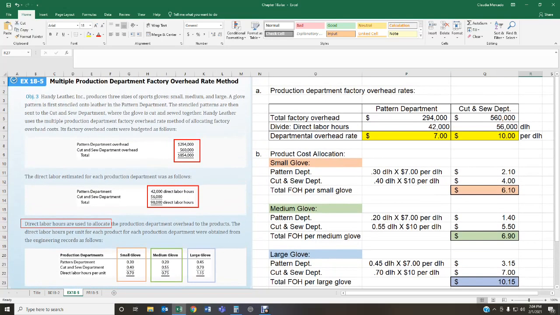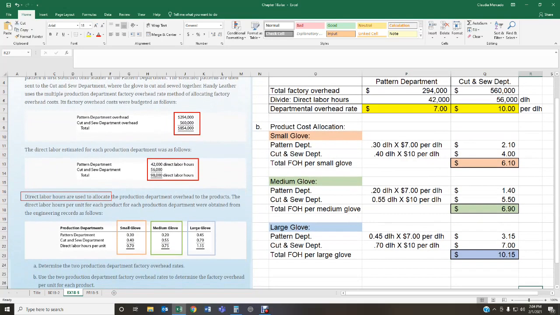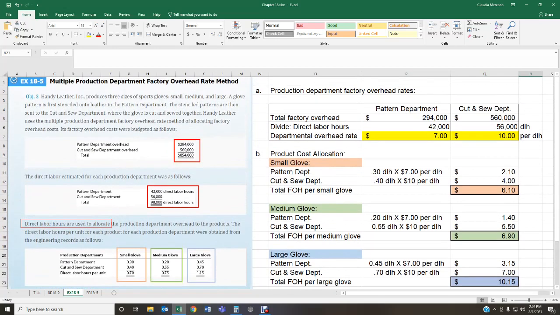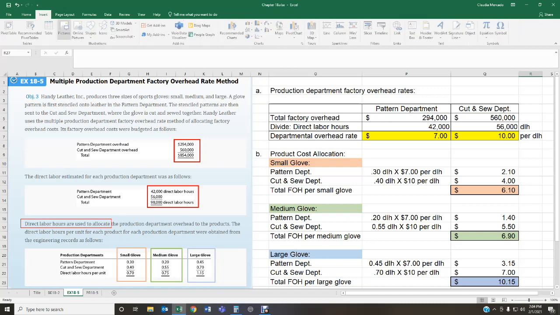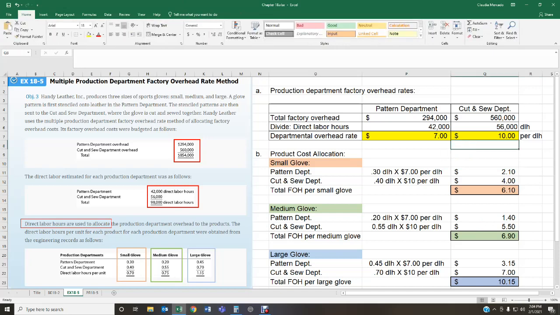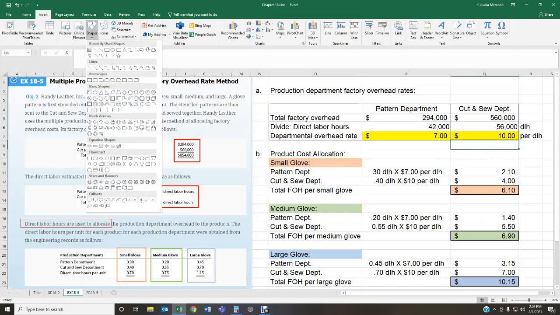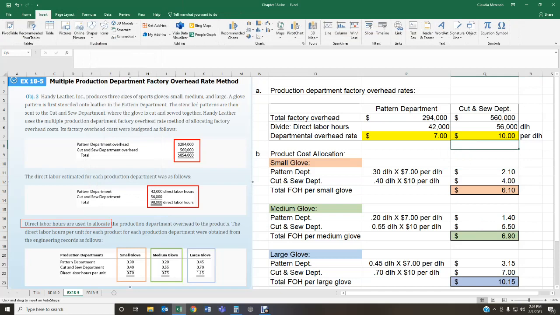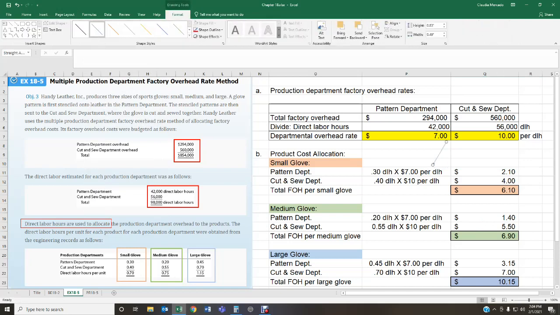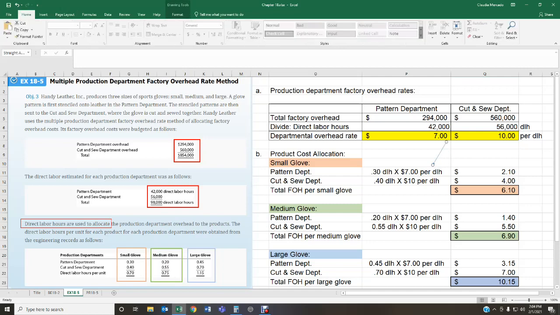So this is the setup that I did. I think it just makes it very simple to organize your data. For the first requirement, we split the information between the two departments. It's just your factory overhead budgeted cost over the direct labor hours, and that's going to give you your departmental overhead rate. Once you get those rates, they flow down into the different calculations that we have. So these go to the bottom. The $7 is right there.